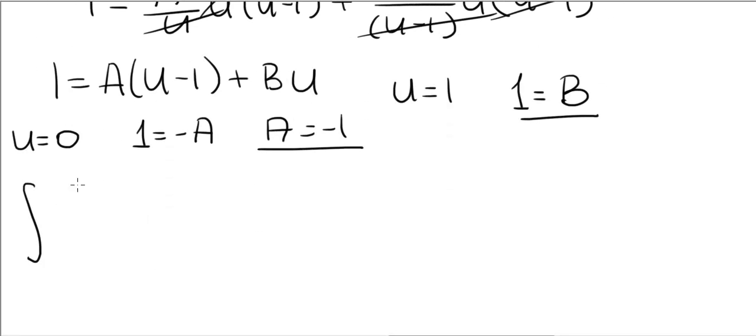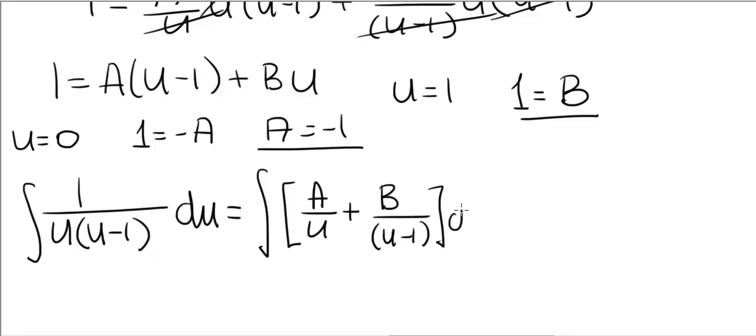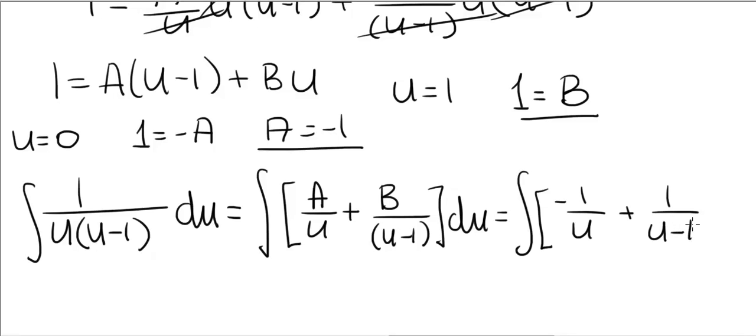Therefore the integral of 1 divided by u times u minus 1 is equal to the integral of a over u plus b over u minus 1 du, which is the integral of minus 1 over u plus 1 divided by u minus 1.